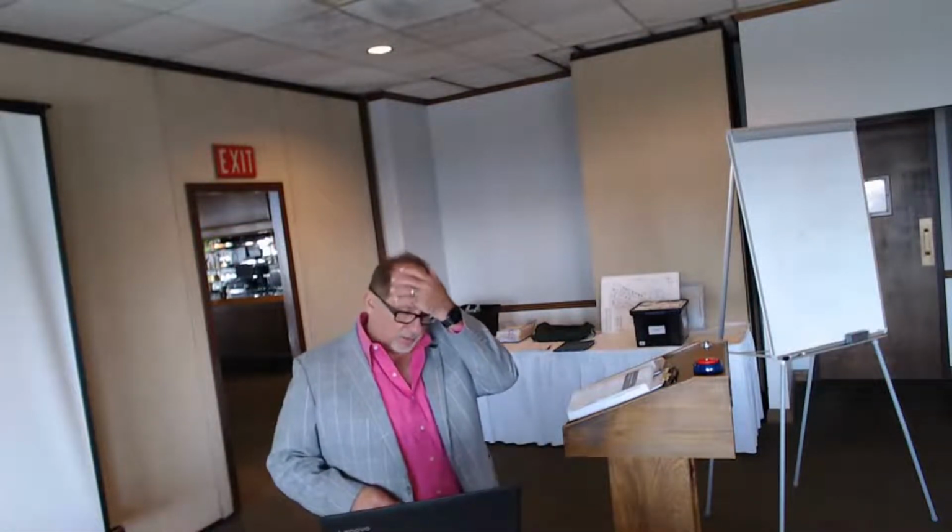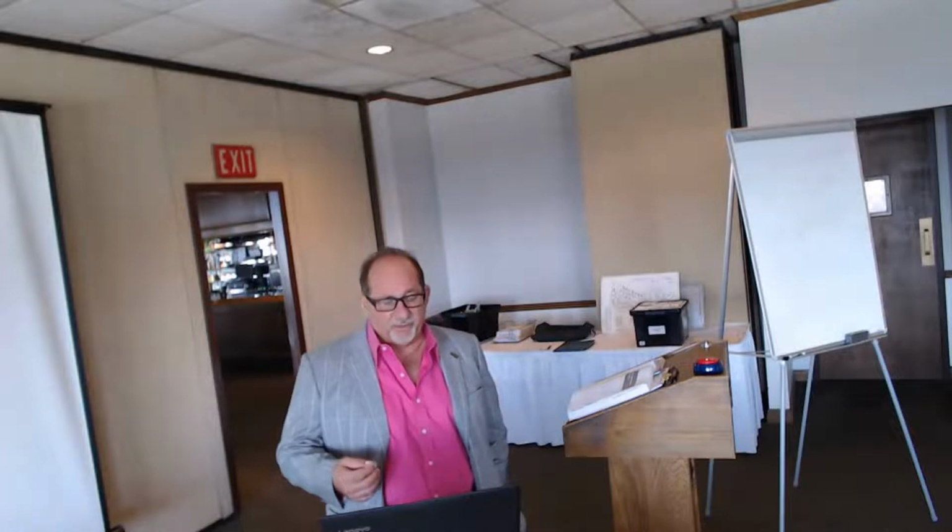So for a successful transaction to be able to close, three things have to happen. One is the seller must provide good marketable title. The seller's property must appraise if there's an appraisal contingency or financing involved. And the buyer must be able to pay for the property.